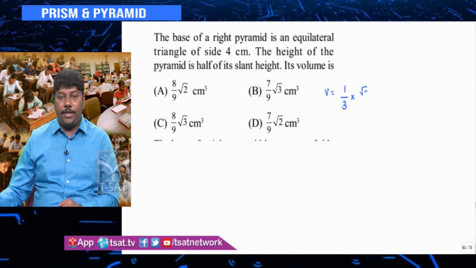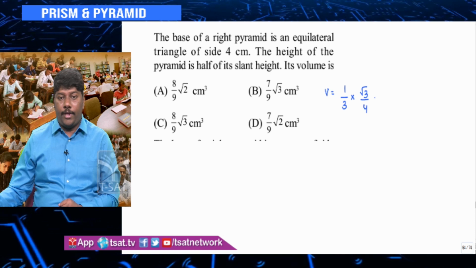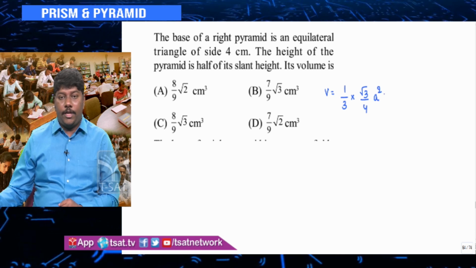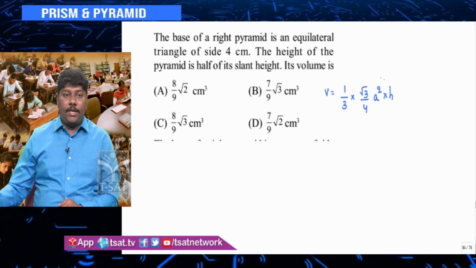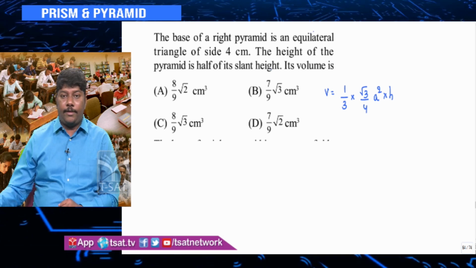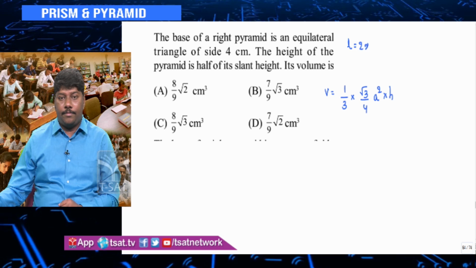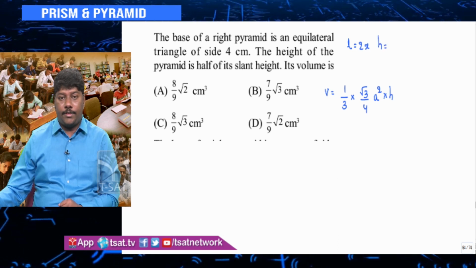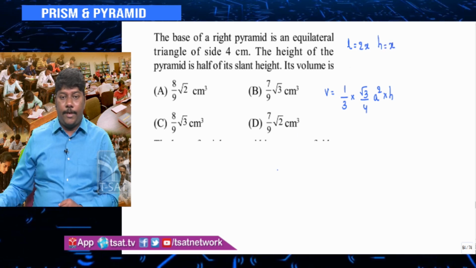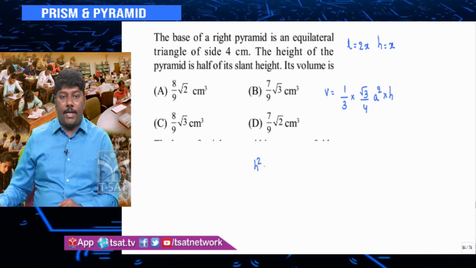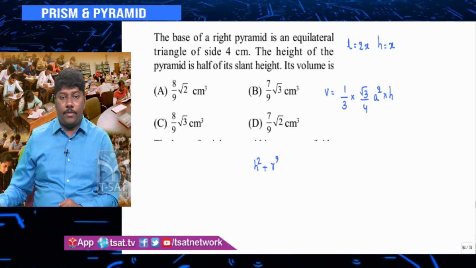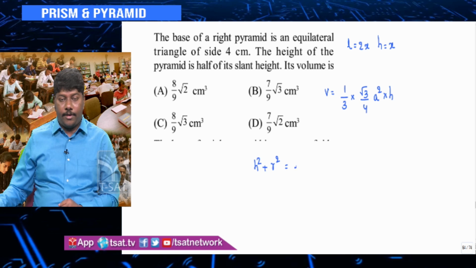Base area is √3/4 side square. He says height is half of slant height. Therefore, if slant height is 2x, height is x, and h square plus r square is equal to L square.